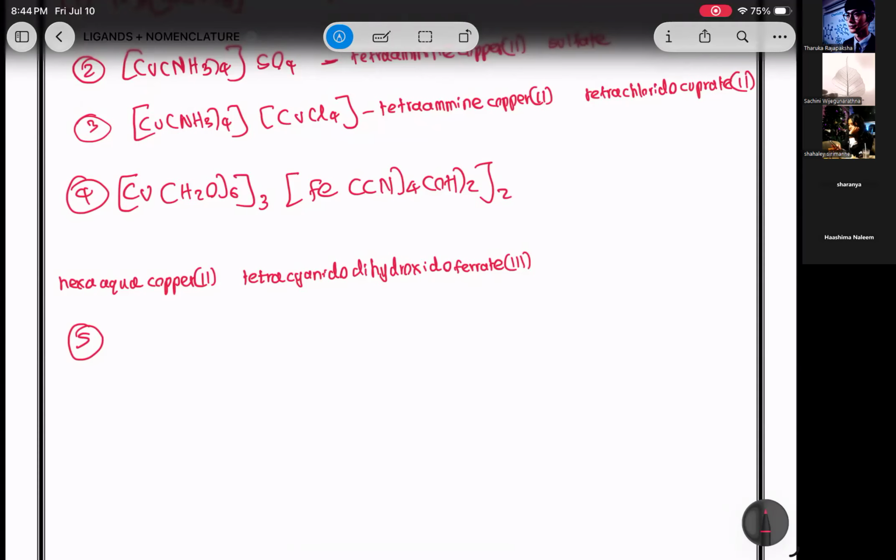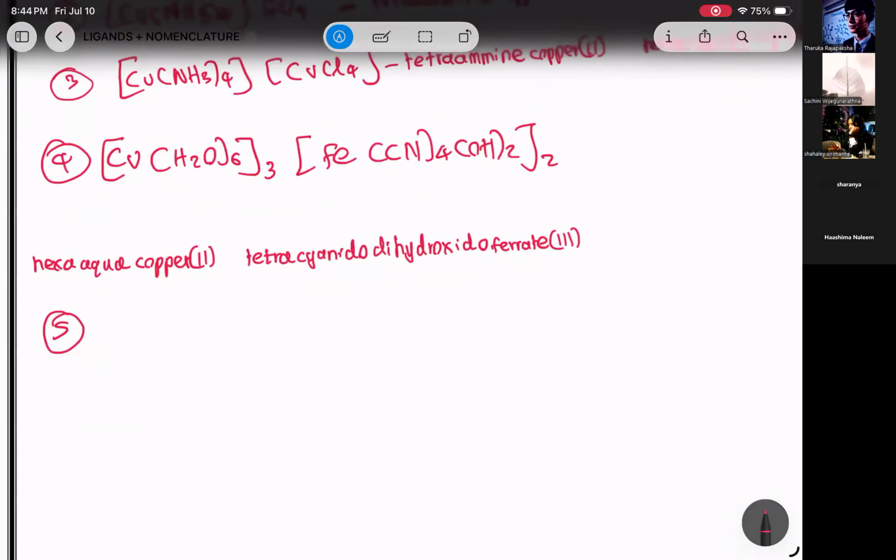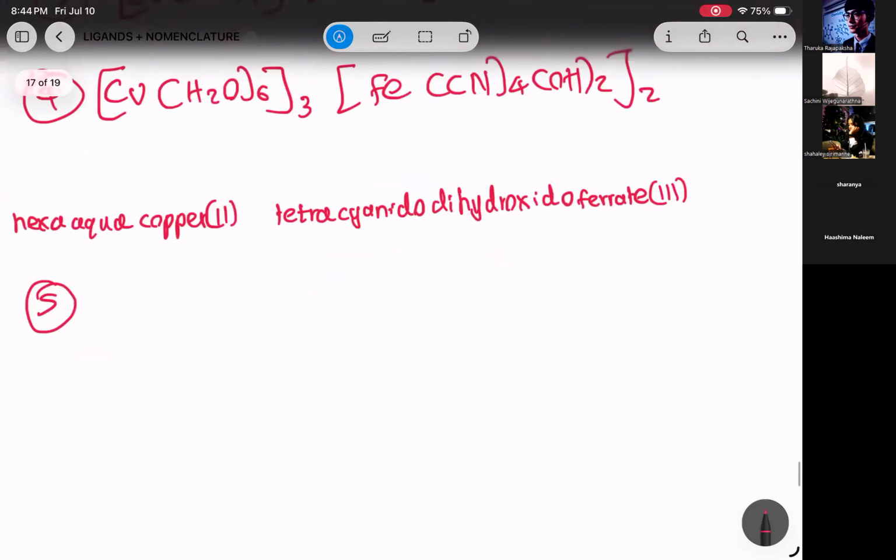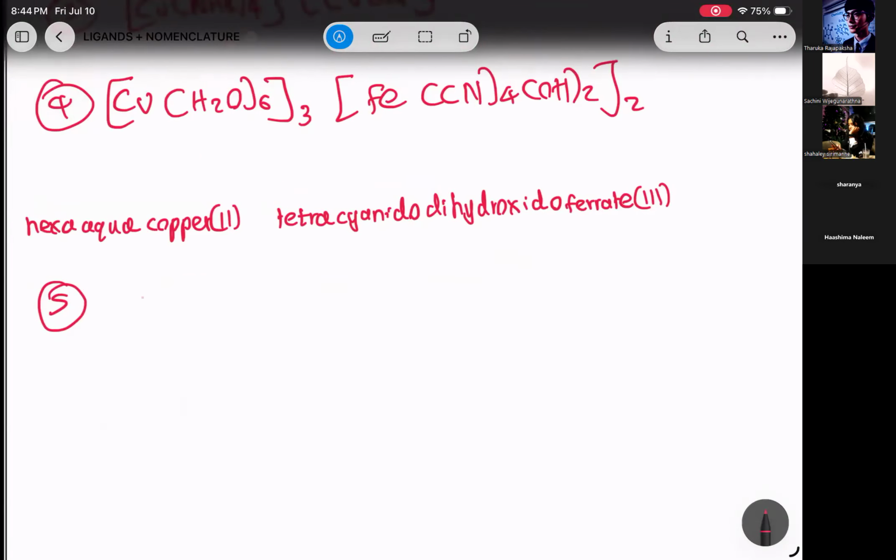Now I'm going to give you the compound of the year. Presenting you the compound cobalt ammonia 2 H2O 4 Cl.